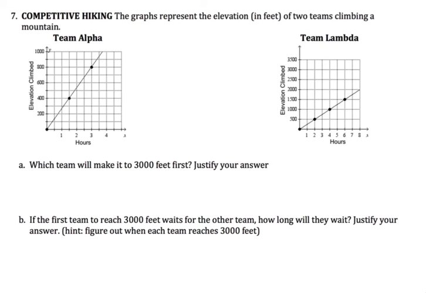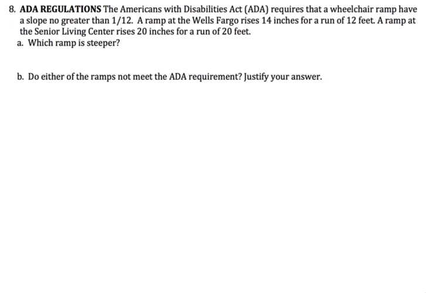Part A, which one makes it there first? Part B, if the one that makes it there first waits for the second team, how long will they have to wait? So you have to figure out the difference in the time that it takes each of them to get to 3,000 feet. Then number 8 is about ADA regulations, and handicap ramps can only be so steep according to the law. And that's it.